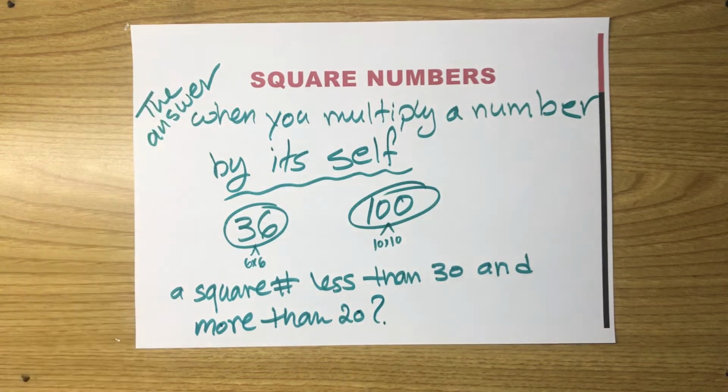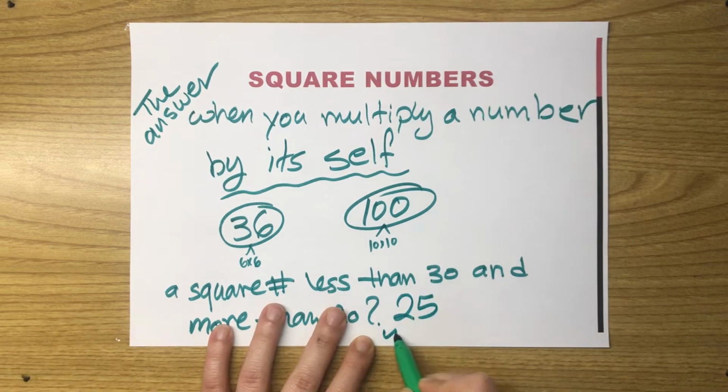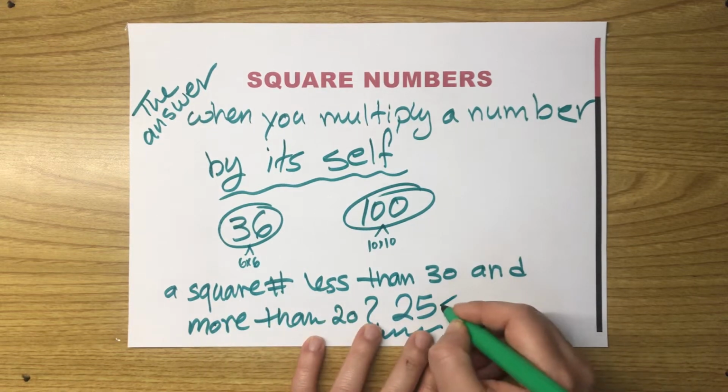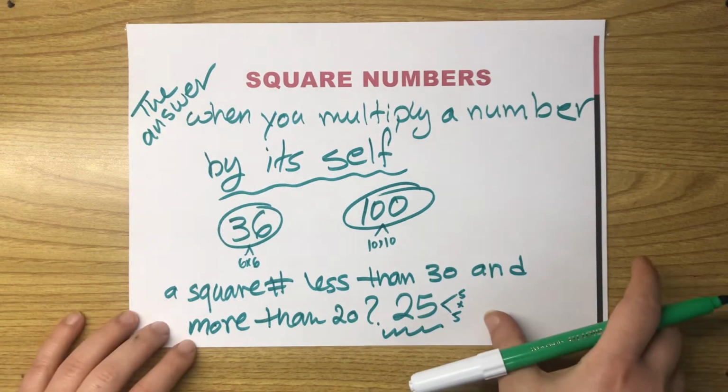Who am I? 25, smart kids, because 25 originally is 5 times 5. Bravo.